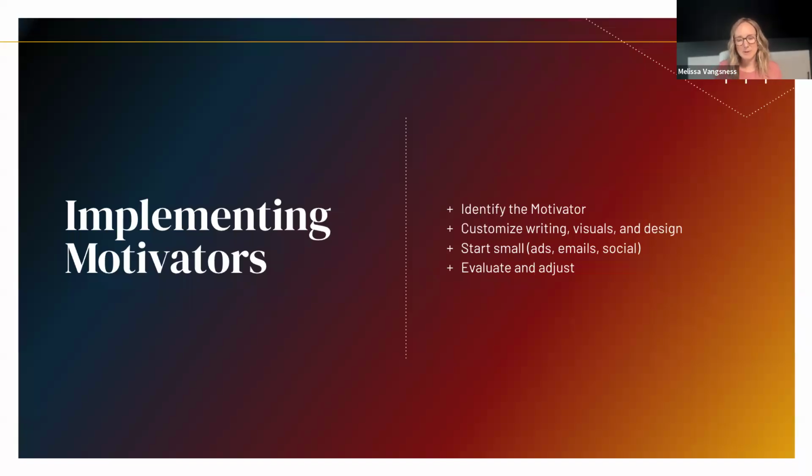Okay, so now you have that deeper understanding of the tweaks and differences you can make to messaging, imagery, and design choices. Want to talk through some ideas around next steps.